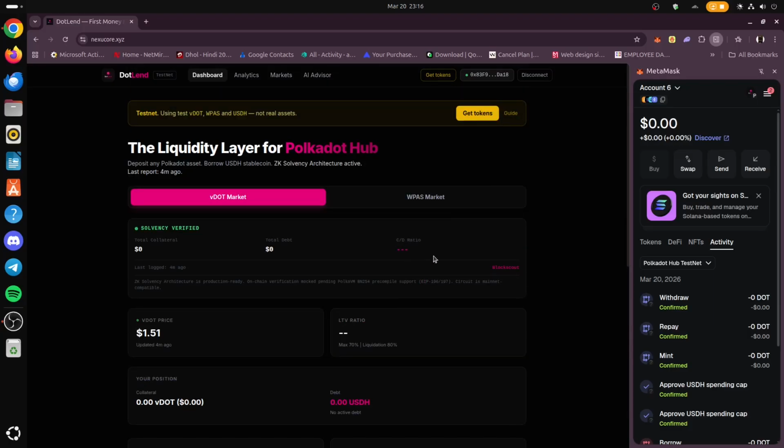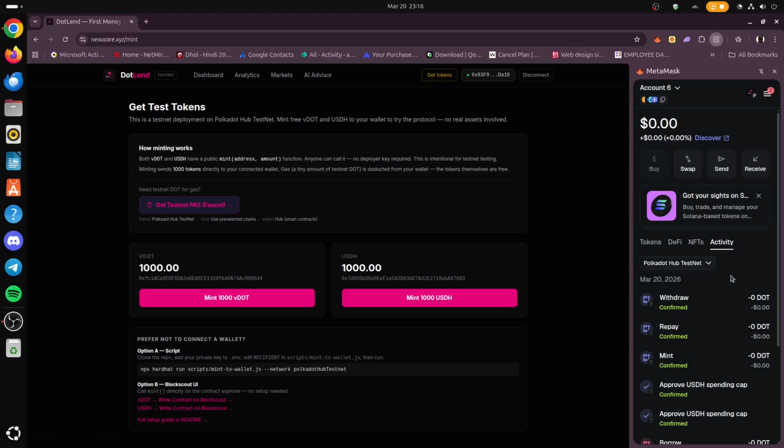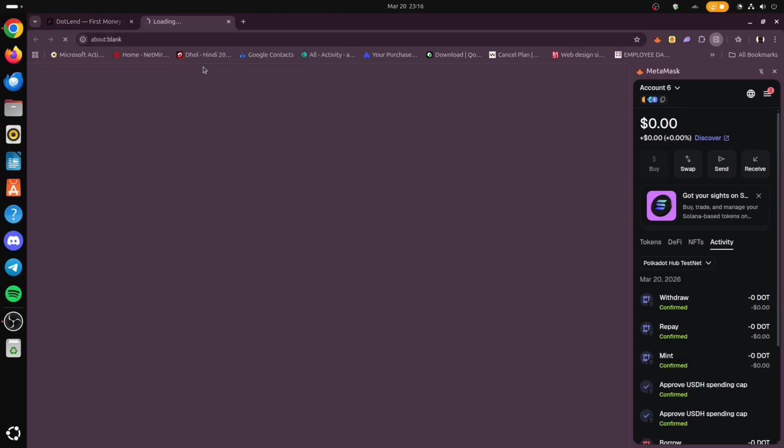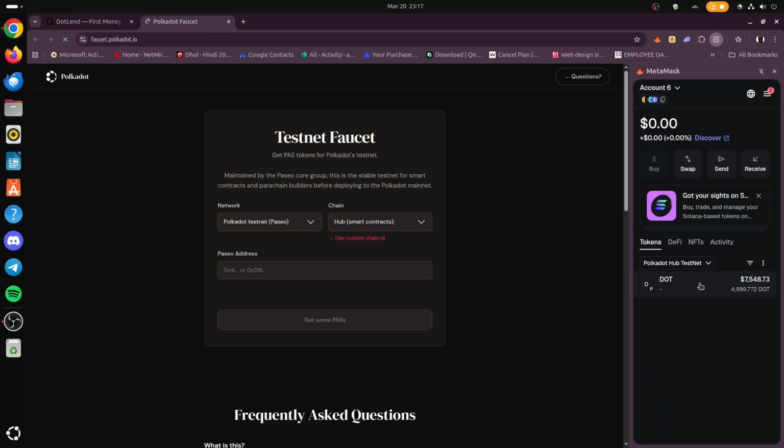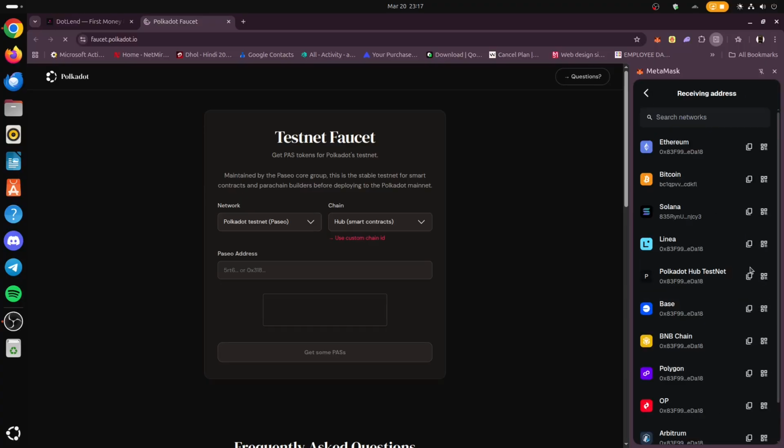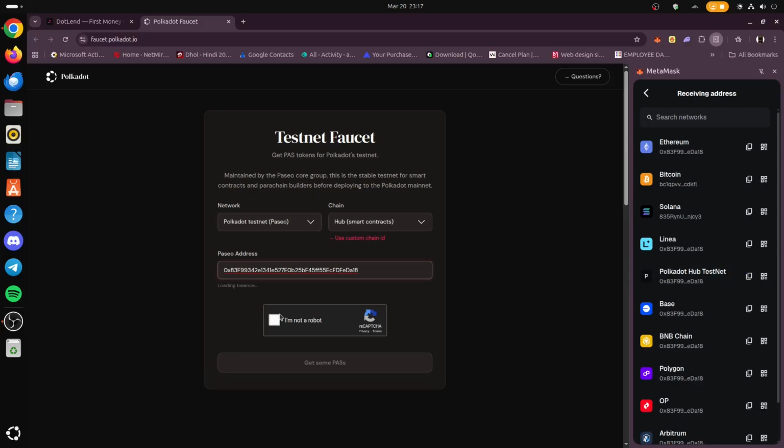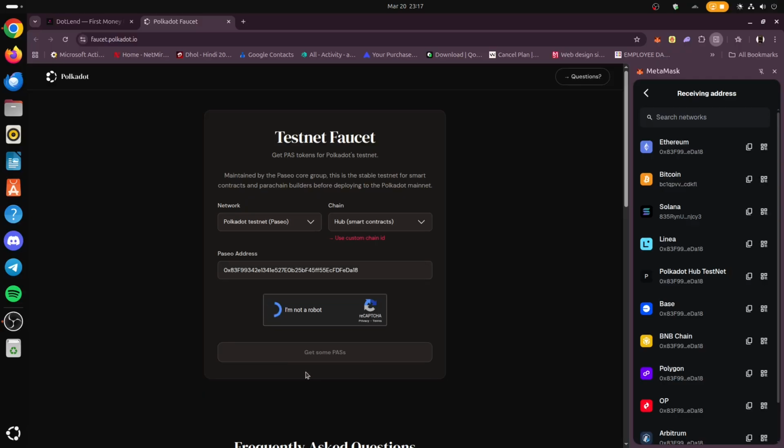You go to your MetaMask, go to your tokens, and click receive and copy this Polkadot Hub TestNet address and paste it over here. Verify yourself and get some passes. These pass are actually very useful because this will be used to pay for this. This is the token you will actually use to pay for gas on this testnet. So you should get that first.